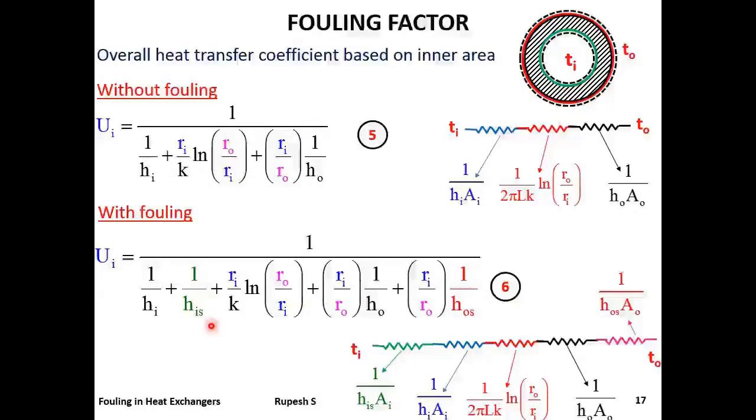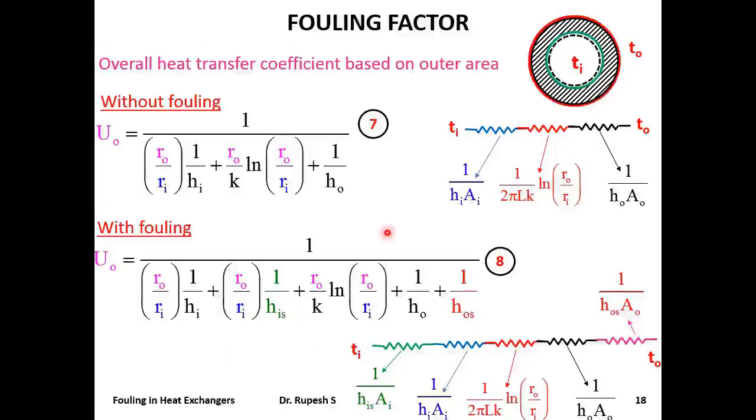Similarly, for resistance on the outer surface, these are the two resistances on the outer surface with fouling. This resistance contributes to Ri by Ro into 1 by Ho, whereas this resistance contributes to Ri by Ro into 1 by Hos.